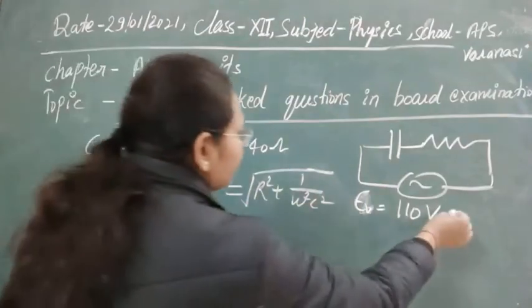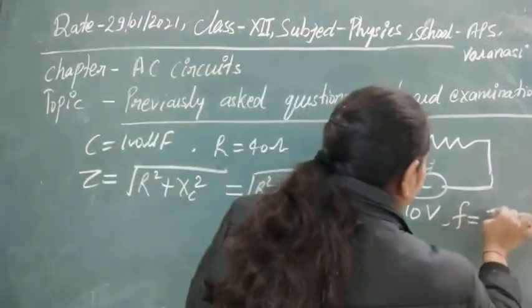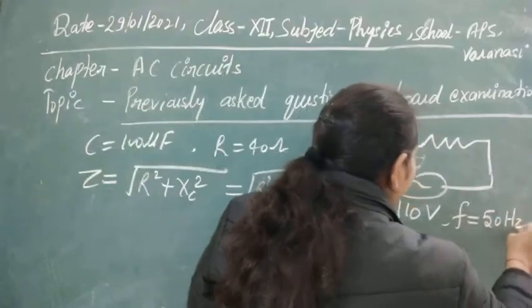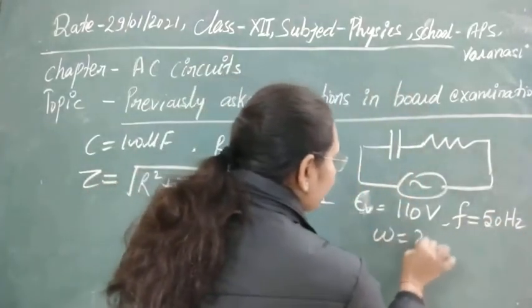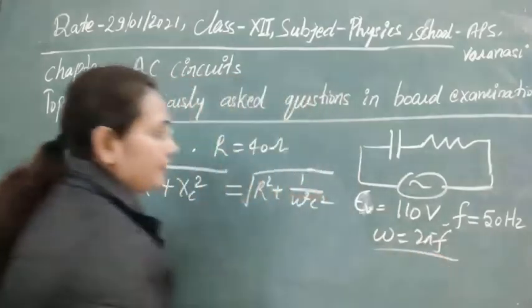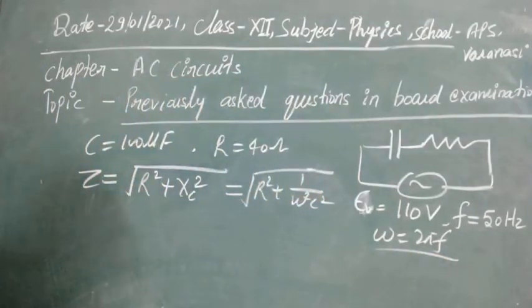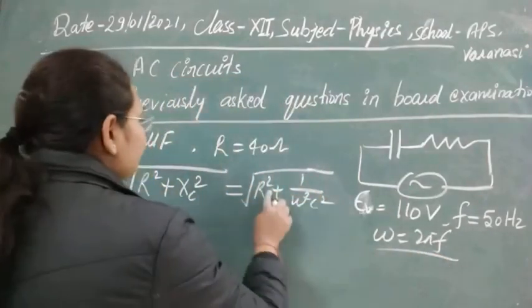The value of f is given, that is 50 hertz. To find omega, we use omega equal to 2 pi f. With that, we can find the value of omega. C is given, R is given.